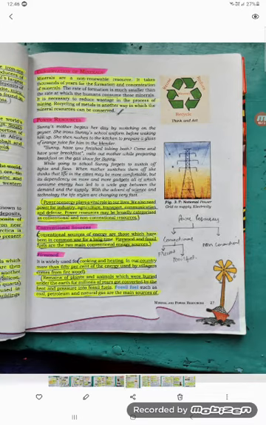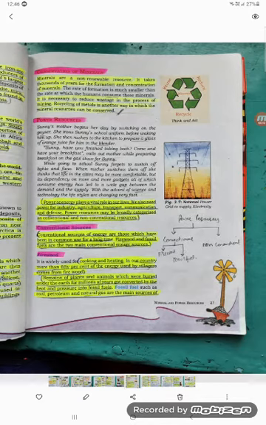Conventional sources of energy are those which have been in common use for a long time. And non-conventional sources are those power sources that have come into use recently due to the depleting of the conventional sources and growing awareness.